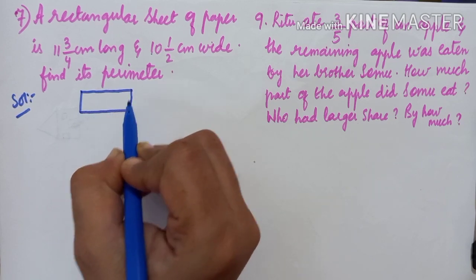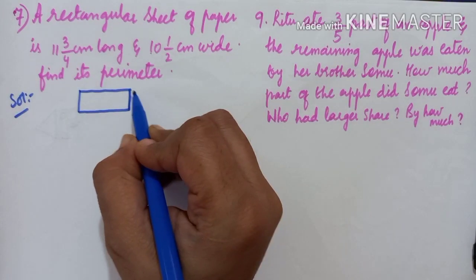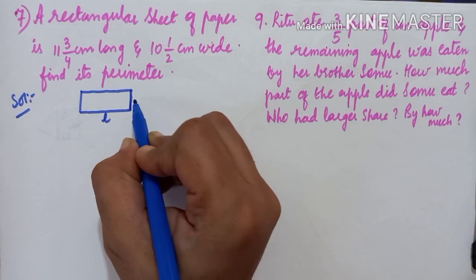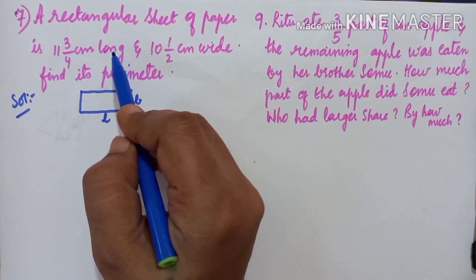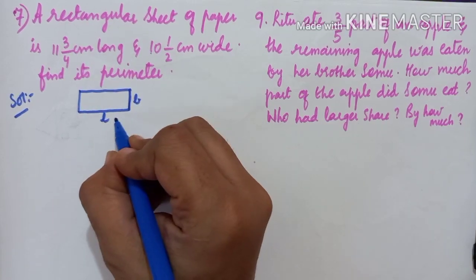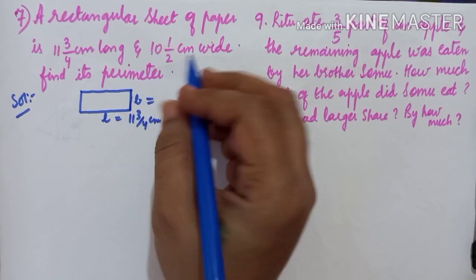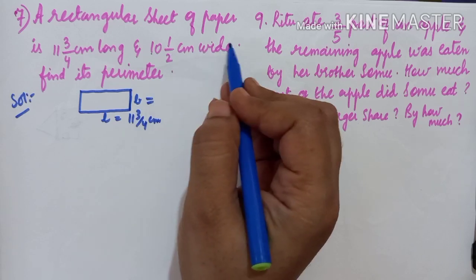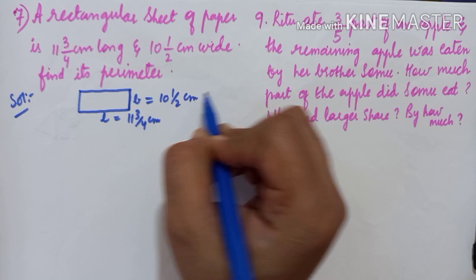Long means its length, so length is given as 11 3 by 4 centimeter, while wide means breadth, so breadth is 10 1 by 2 centimeter.